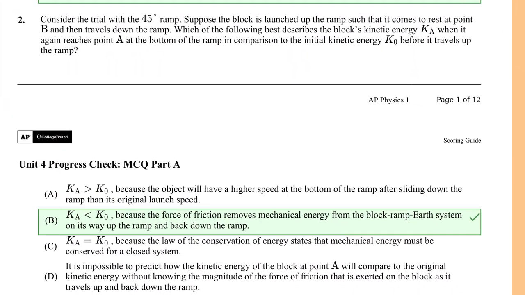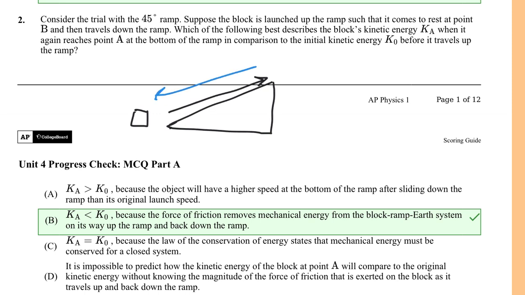Consider the trial with the 45-degree ramp. Suppose that the block is launched up the ramp such that it comes to a point at rest and then travels down the ramp. I like to draw my little block. My block is going to go up the ramp, and then it's going to go down the ramp.